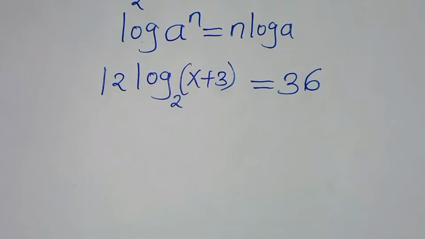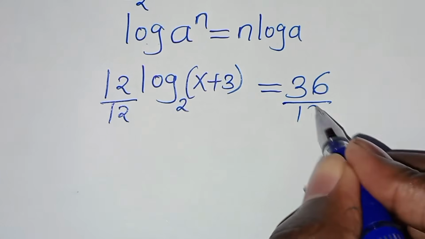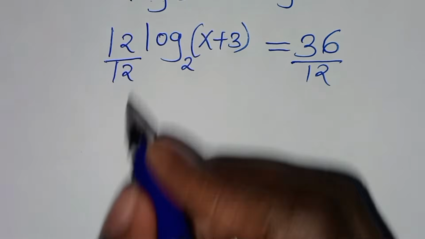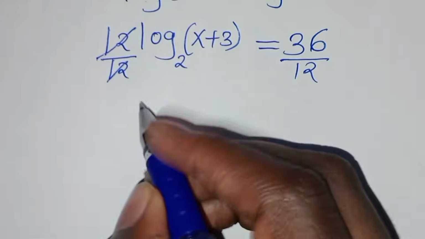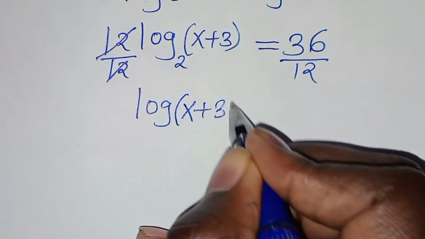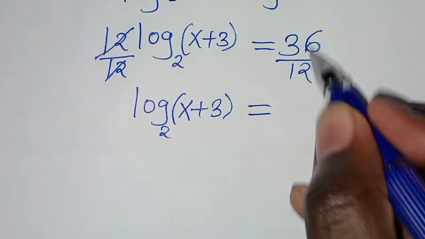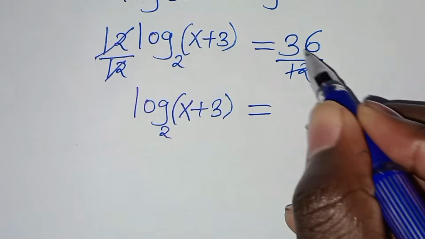The next step is to divide both sides by 12, so that the 12 simplifies, and we have log of (x plus 3) to base 2. This is equal to 36 divided by 12, which is equal to 3.